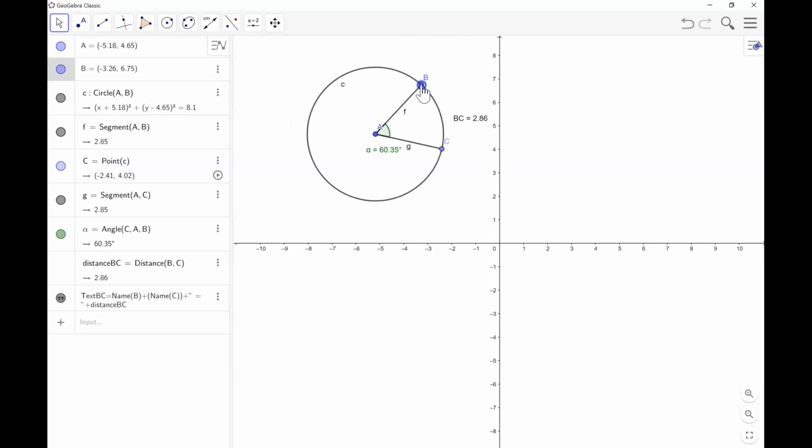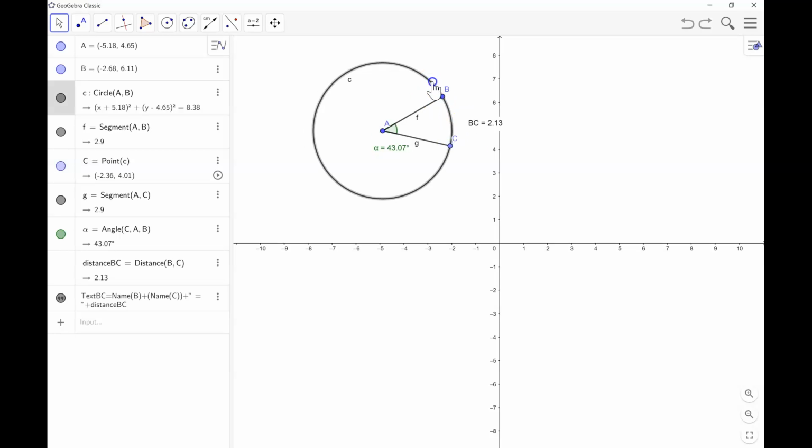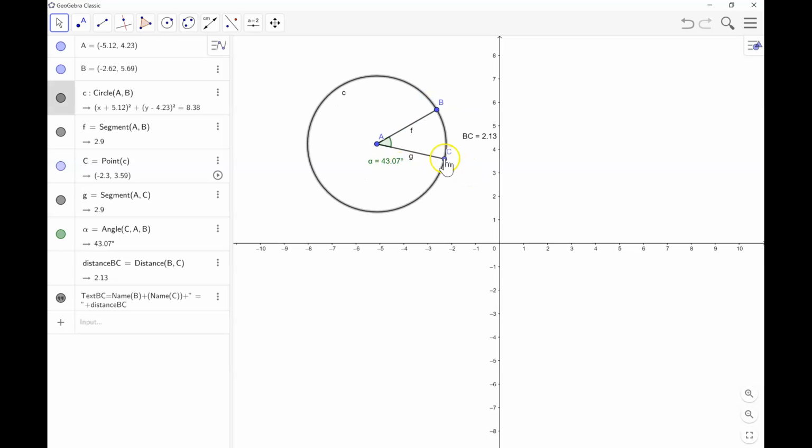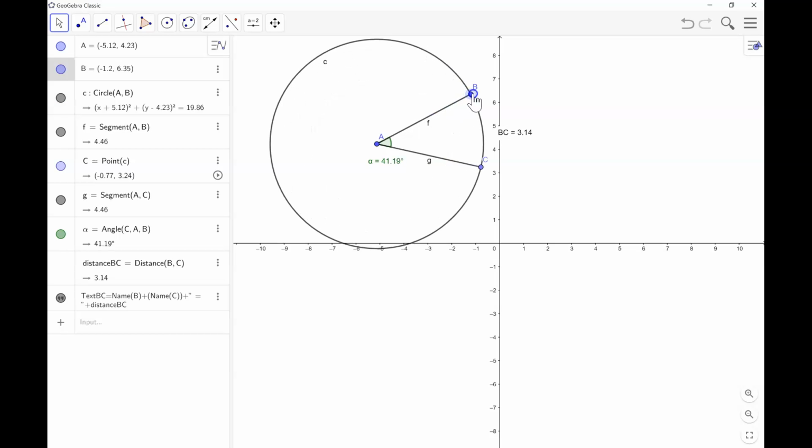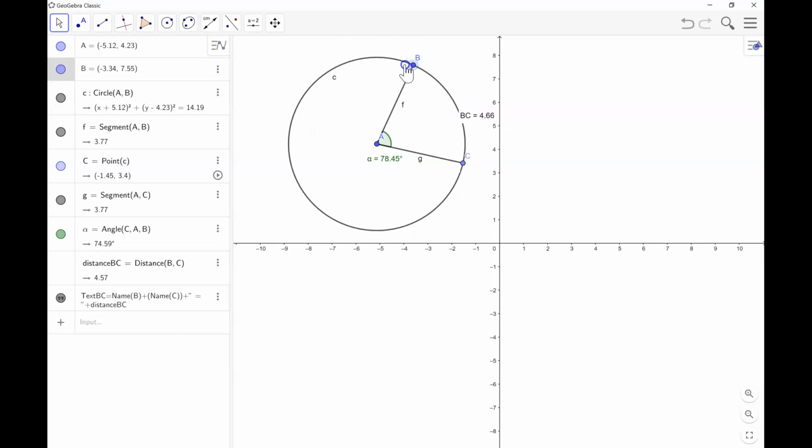Oh, that's not what I wanted to do. Is it this one that I need to drag? No. What was I going to do in this before? No, that is changing. I wanted to lock that.